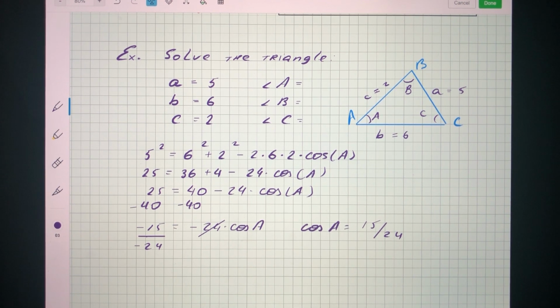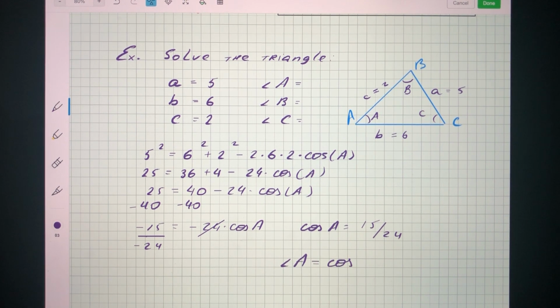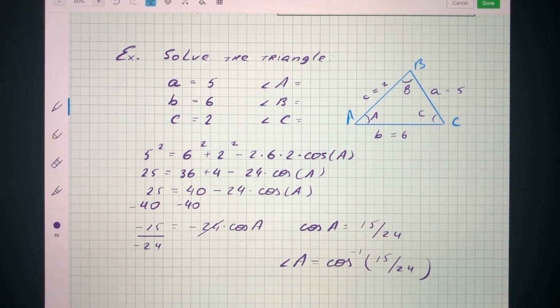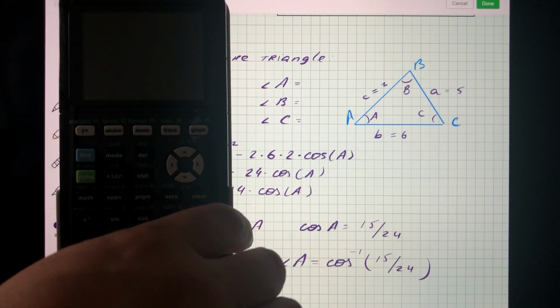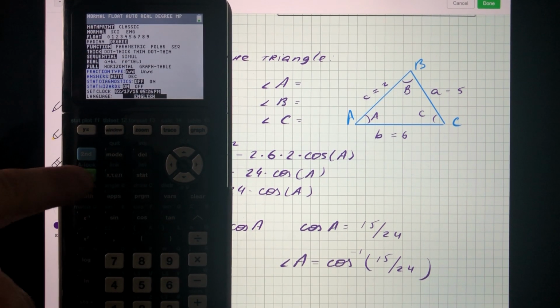What we do want is this angle A, which means we need the cosine inverse of 15/24. So let's put that in the calculator. We have to be sure that we are in degree mode because we're looking for degrees. The mode is in degrees, that's good.